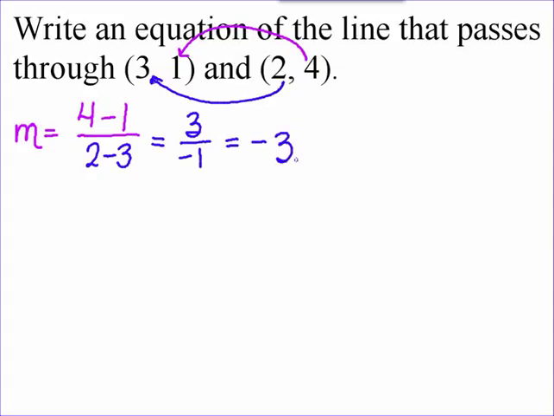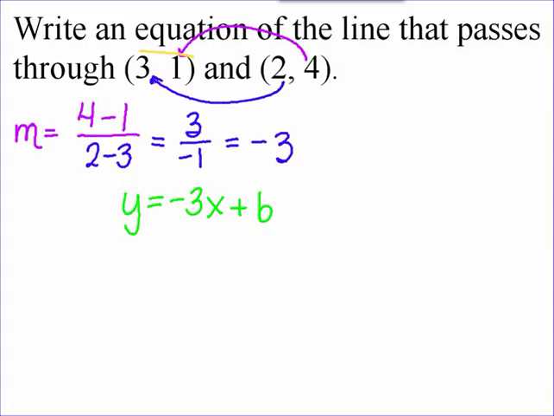Now we've got a problem just like we had before, except in this problem I have 2 points. So which point do you plug in first? You know what, it doesn't matter. You can plug in either of the two. So I'm going to start with y equals negative 3x plus b. Now I need to plug a point in. It doesn't matter if you plug the first one or the second one in, you will still get the same answer. I could plug in (3, 1) or I could plug in (2, 4).